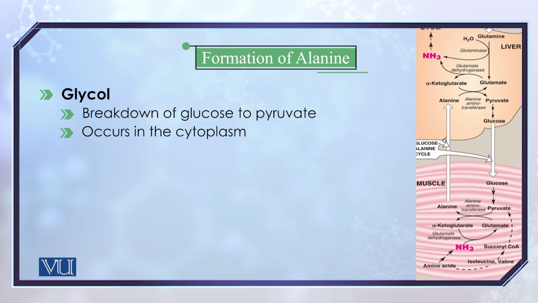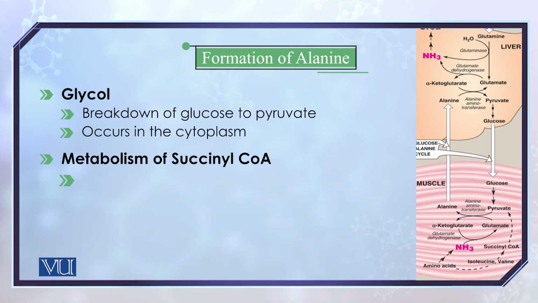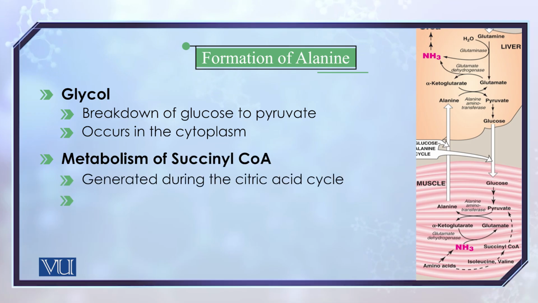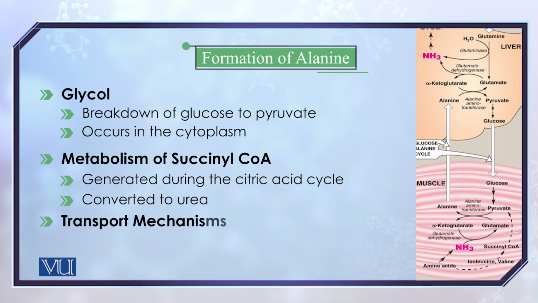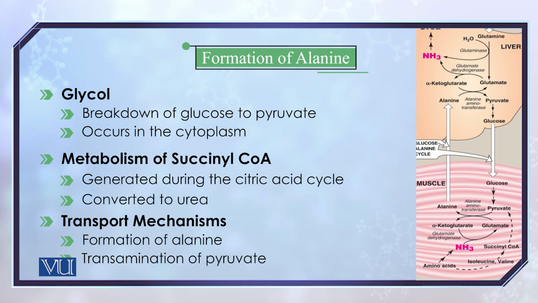Glucose, during the process of glycolysis, which takes place very frequently in your skeletal muscles, because your skeletal muscles are one of the most highly active tissues in your body, is converted into pyruvate, and also at the same time you see that in the Krebs cycle or TCA, tricarboxylic acid cycle, succinyl-CoA is also formed. So both pyruvate and succinyl-CoA can also give rise to the formation of, let's say, ammonia.